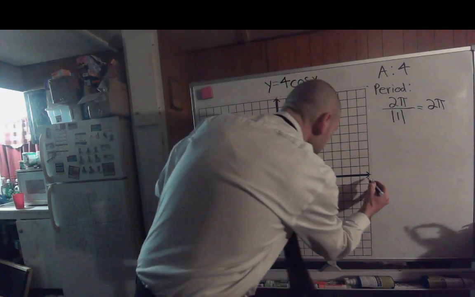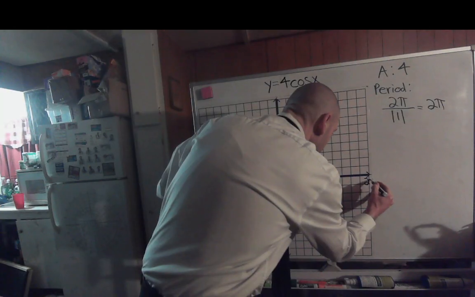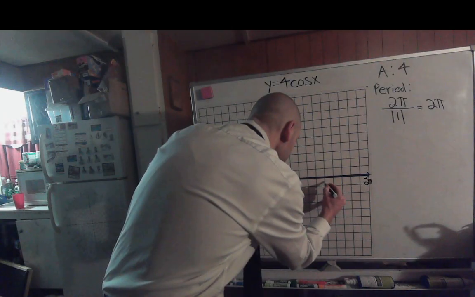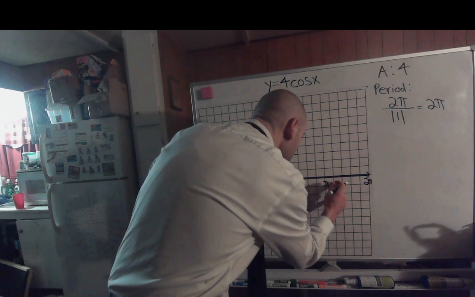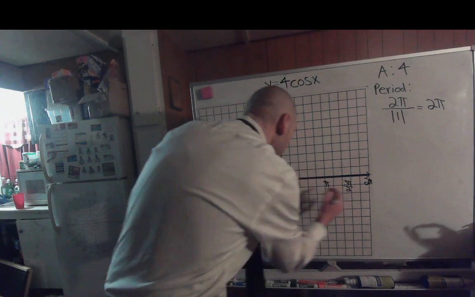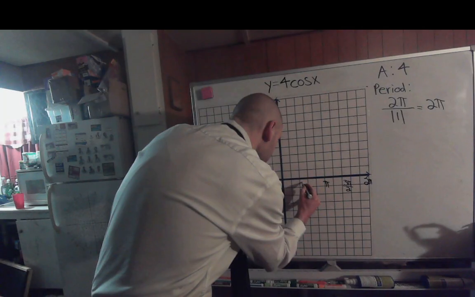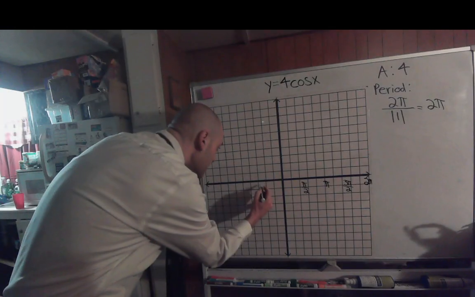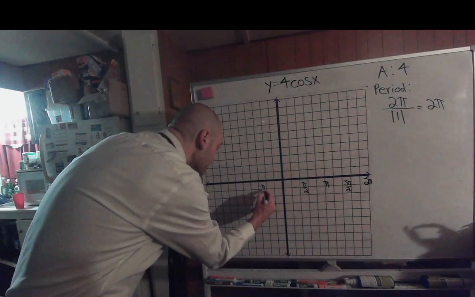So let's go ahead and label all our points again here on the x-axis. Here's pi. Here's 3 pi over 2. There's pi over 2. Alright, 0. Negative pi over 2.